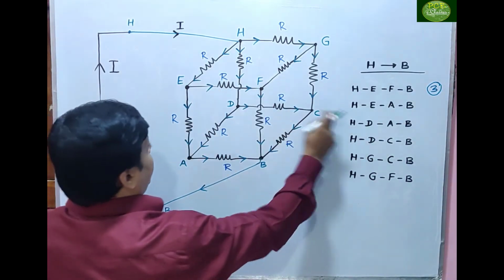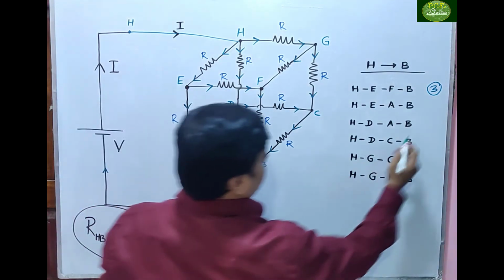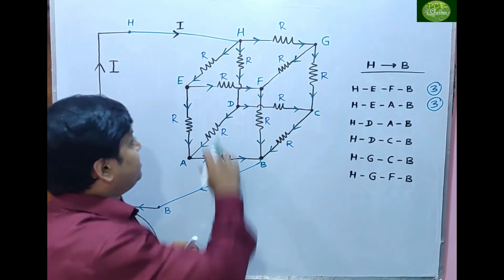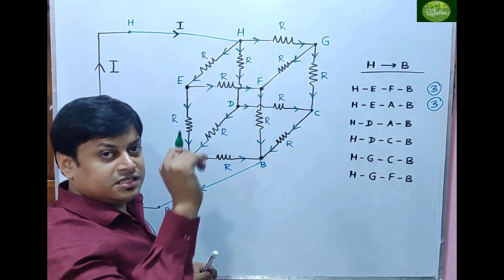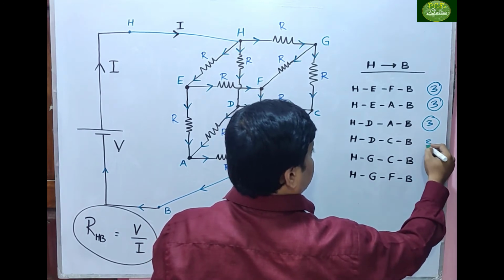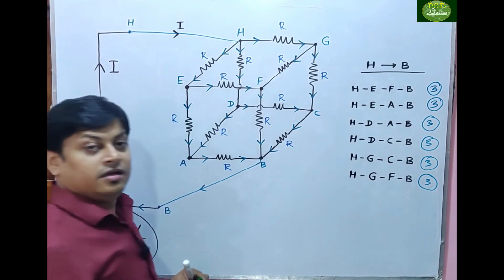Similarly, H, E, A, B. How many edges? 3 edges. Each edge has the equivalent resistance R, right? For this one, 3. For this one, 3. For this one, 3. For this one, 3.